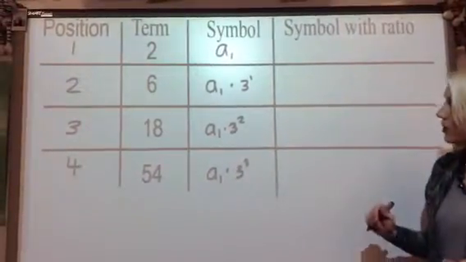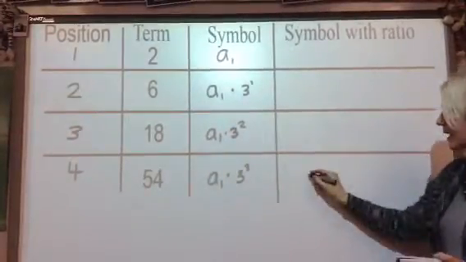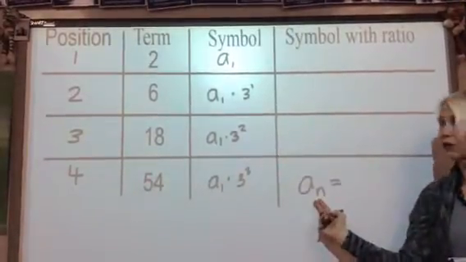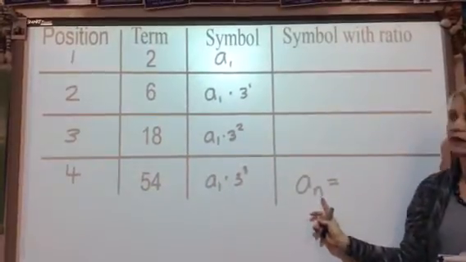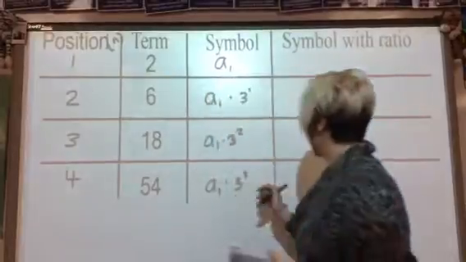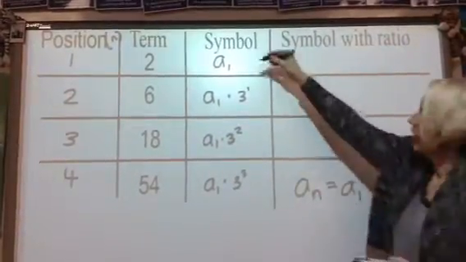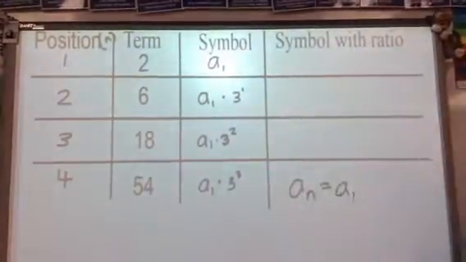And so what we are going to do then, I'm going to give you the formula and I want you to be able to see where it comes from. A sub n is going to refer to any value in this equation. N is going to be the position of the term, so this is what we call n here, is going to be equal to a sub 1, and remember a sub 1 is going to be the first term, whatever's first in line.